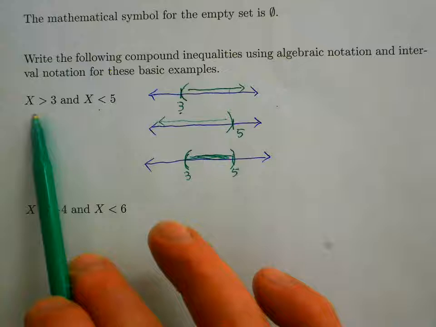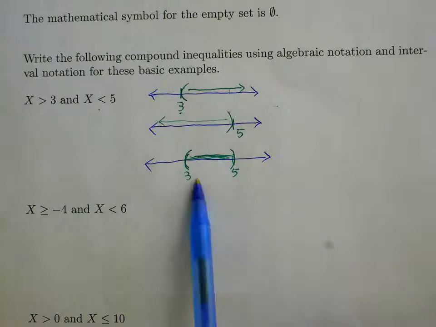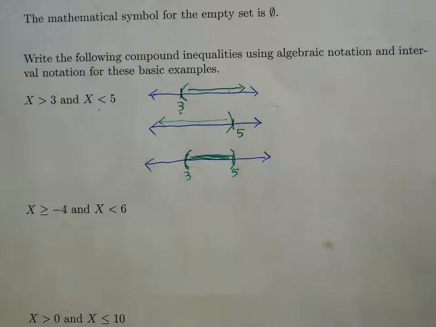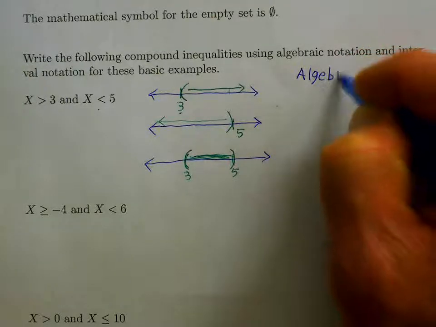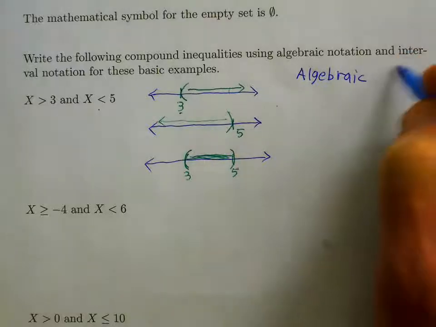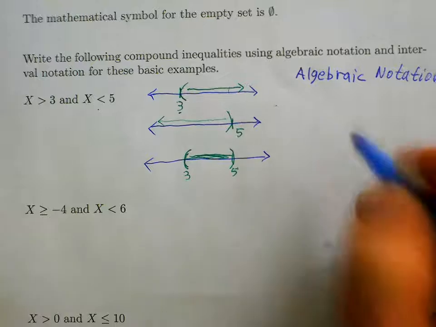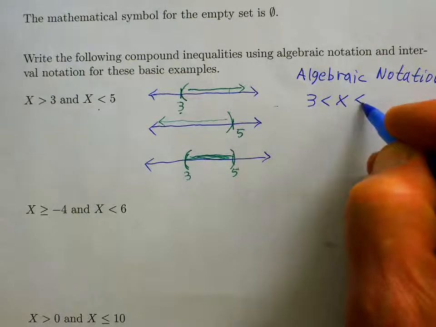The algebraic notation should be written so that it mimics, in a way, the graph. So the algebraic notation is 3 less than x less than 5.